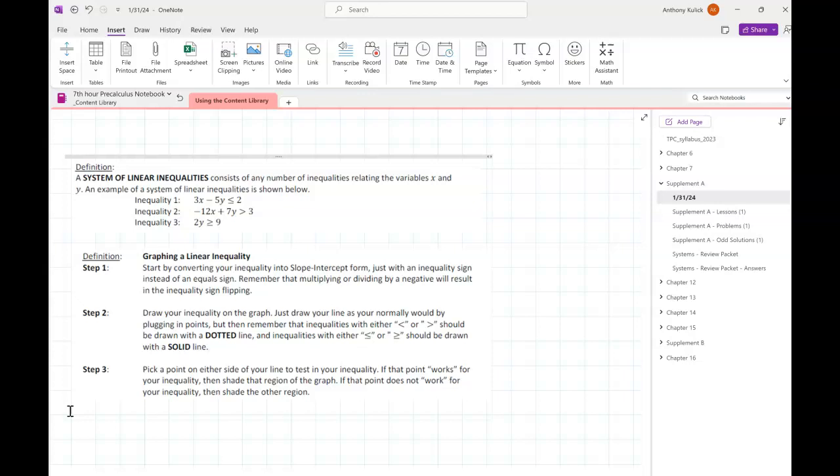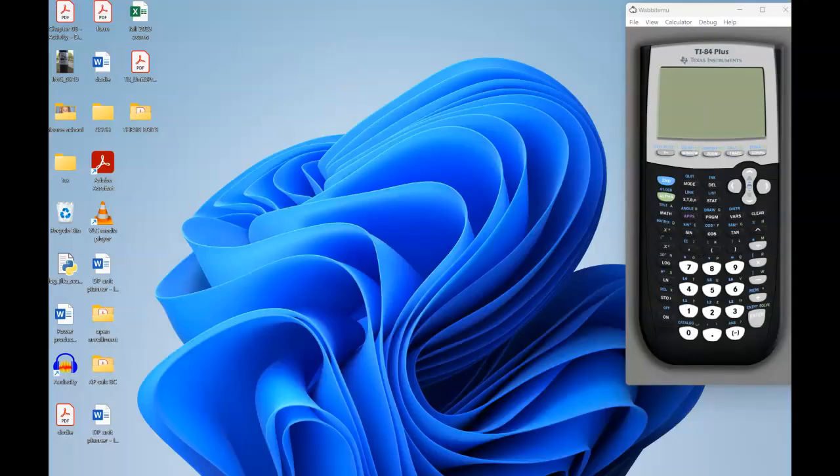And look at the overlap of those shaded regions, because that's going to give us our solution. So let's look at an example or two of doing this.